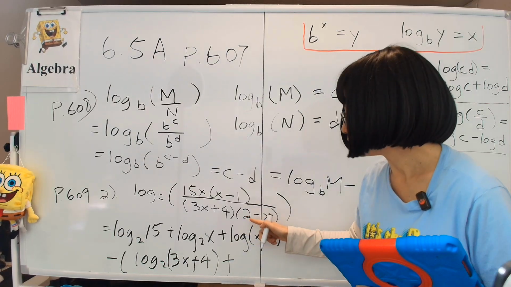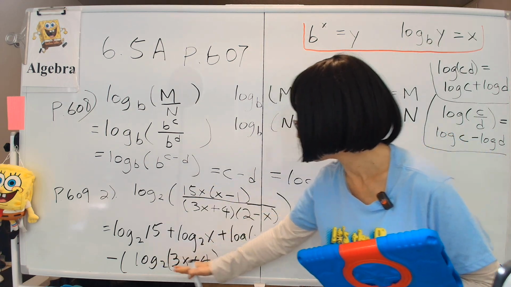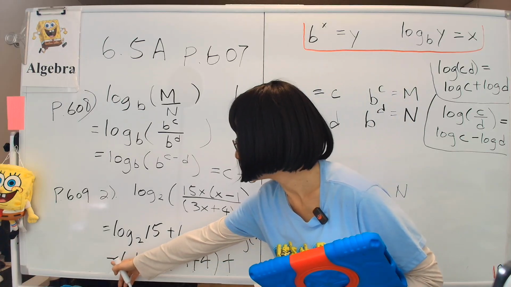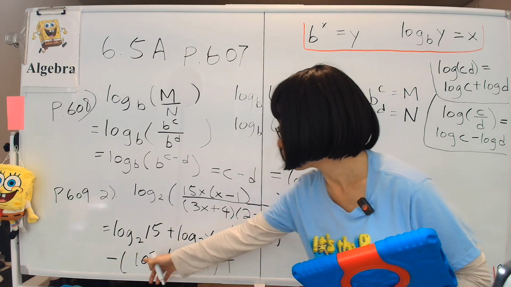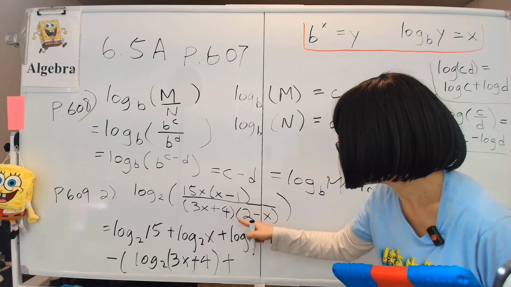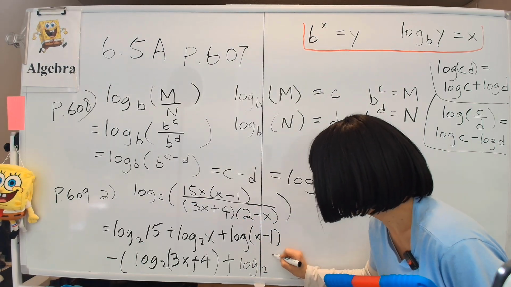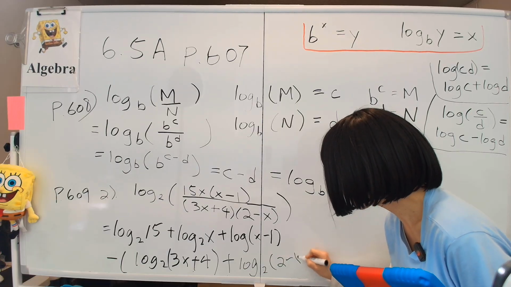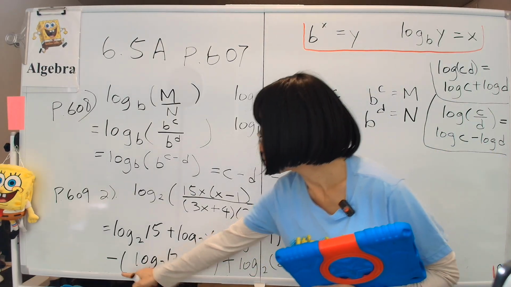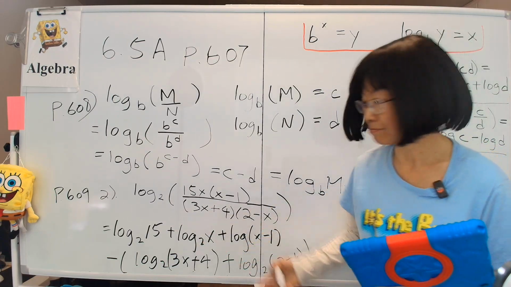It's actually division, but we're dividing by everything down here, and everything down here is being multiplied. And the subtraction sign, which is division, will apply to each one when we take the parentheses out. So right now, we'll continue the plus, and log 2. Patiently write all the stuff, 2 minus x, and then the close parentheses. This one and this one are connected, and the whole thing will be subtracted, and that's our answer.